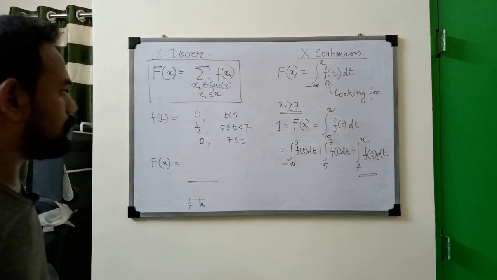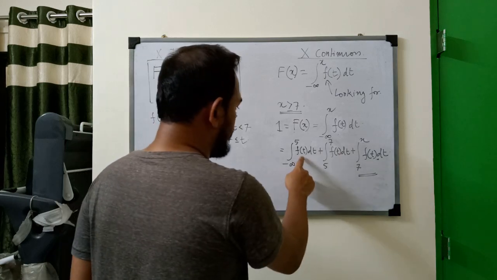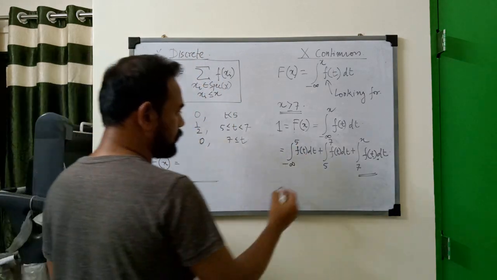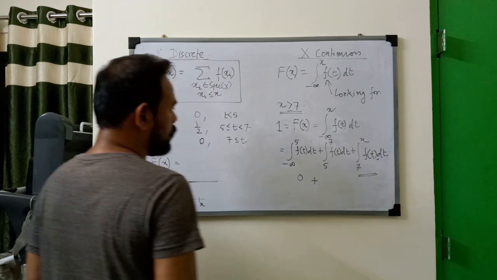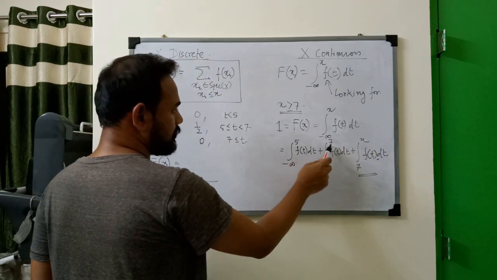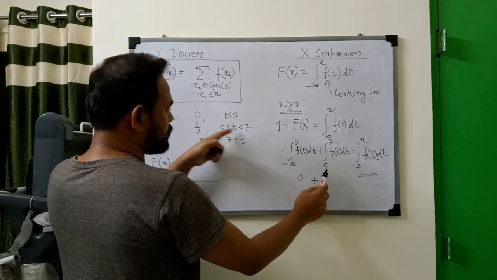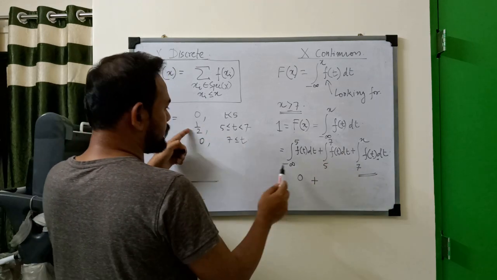Now, in this range, when t is below 5, we have already established that this is 0. From 5 to 7, when t is going from 5 to 7, this is half.